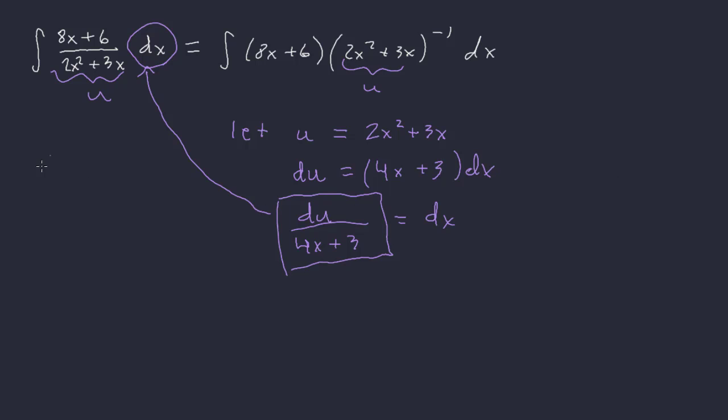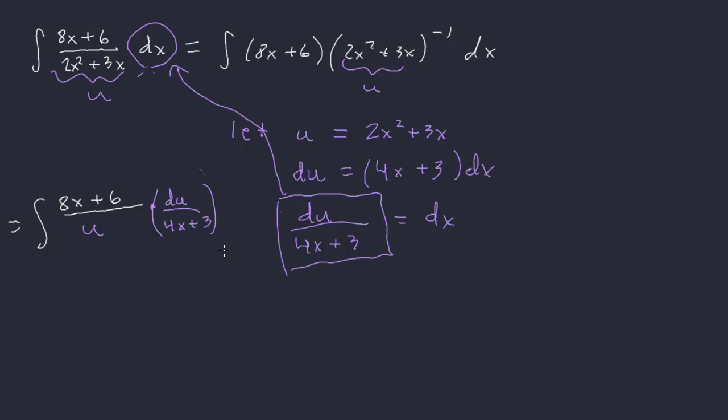All right, so when we get our new integral, we have 8x plus 6 up top, u in the denominator, and then dx will become du over 4x plus 3. And let me make this a little easier to read here.